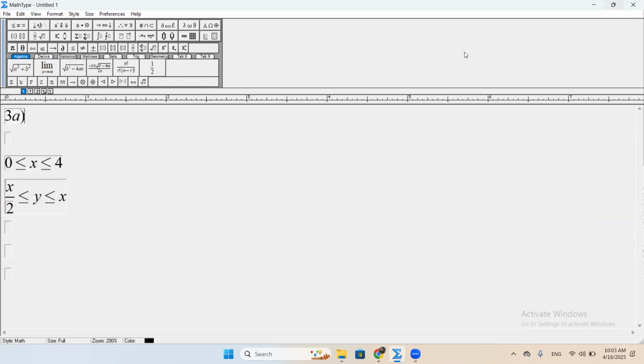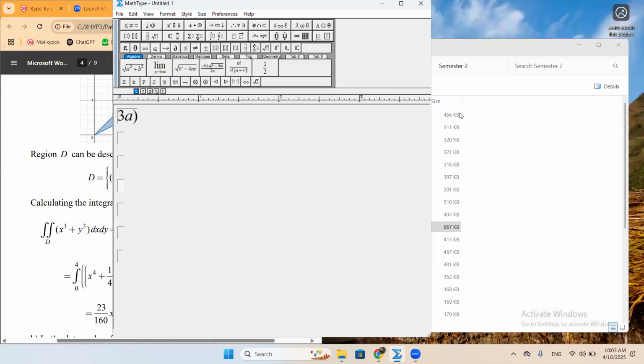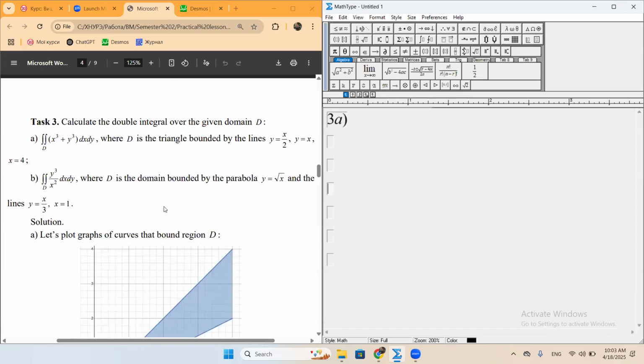Then calculating the next integral. So the following integral. Let's first of all write down the integral: y cubed over x square dx dy.